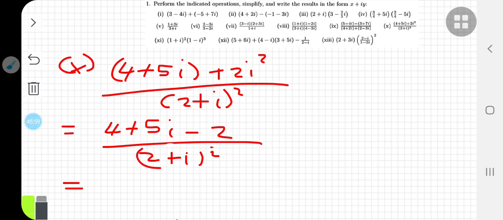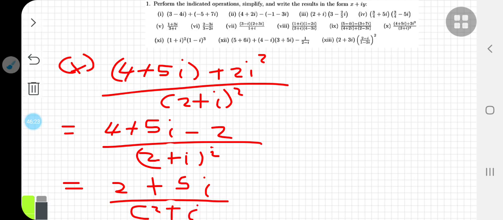Then here I'm going to have 2 plus 5i over (2 plus i) squared there.